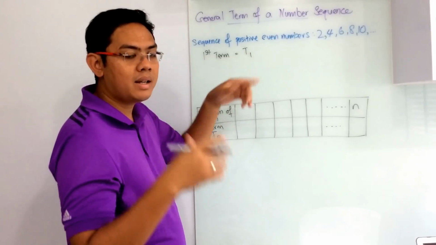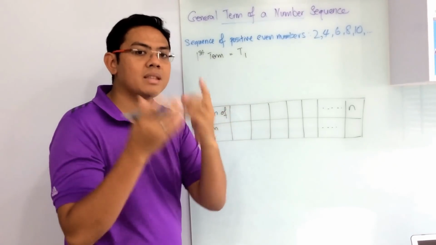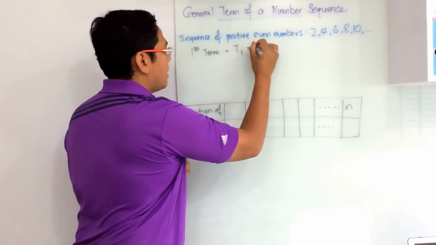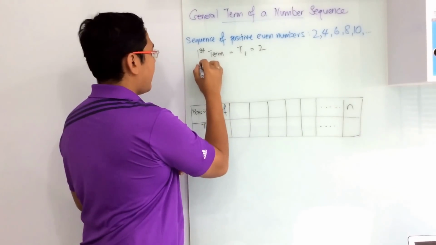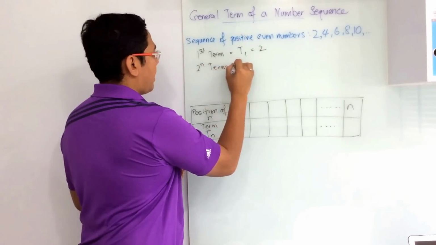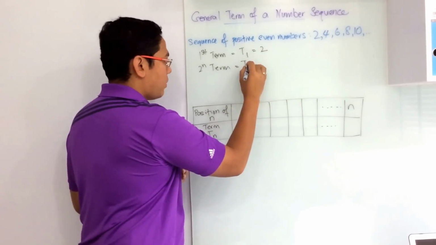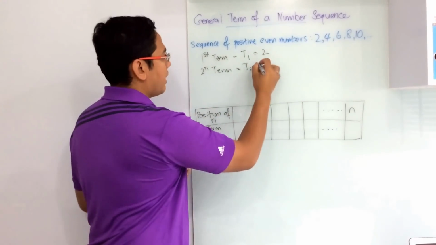This number 1 denotes the term as the first term. So in this case it is 2. The second term is capital T, small number 2, which is 4.